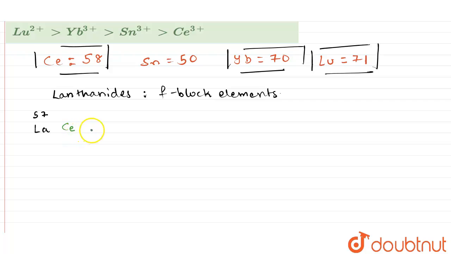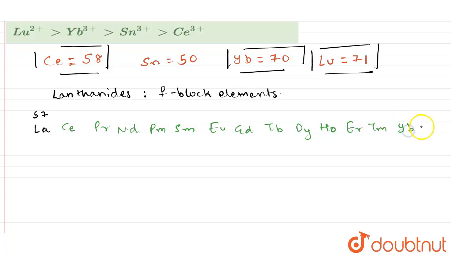So first is lanthanum, then cerium, then praseodymium, Nd, Pm, Sm, europium, gadolinium, Tb, Dy, Ho, Er, Tm, ytterbium, and lutetium.